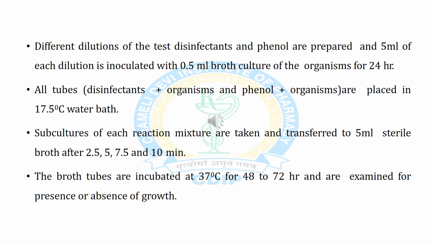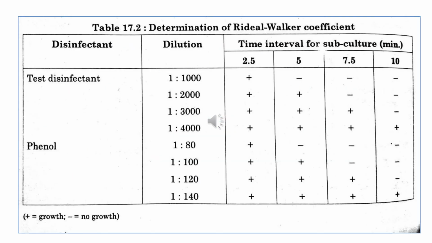The broth tubes are incubated at 37 degrees centigrade for 48 to 72 hours and examined for the presence or absence of growth of the microorganism. So this is the observation table for determination of the Riedel-Walker coefficient. We have taken 5 test tubes or 4 test tubes of test disinfectant and phenol, and after the time interval we have seen the result. Positive indicates growth of the organism and negative indicates no growth.